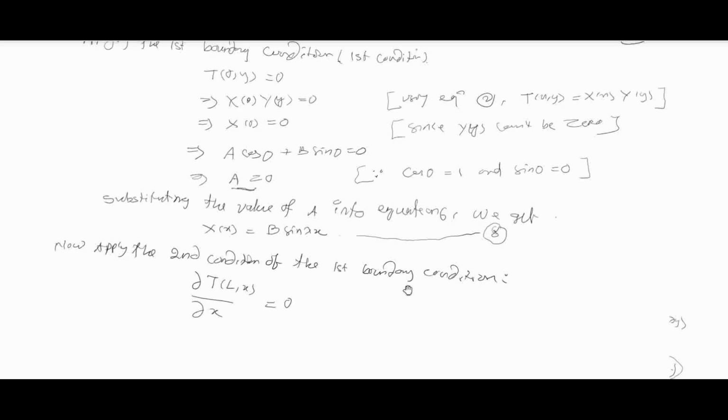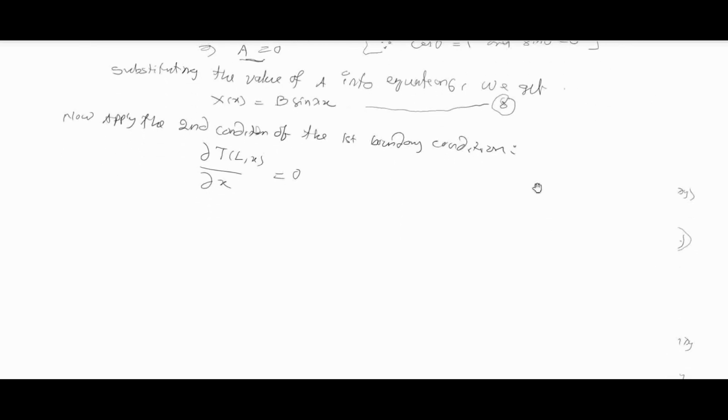There is no flow of heat on the right side. What does that mean? This means del T of x comma y with respect to x at x is equal to L is equal to 0.